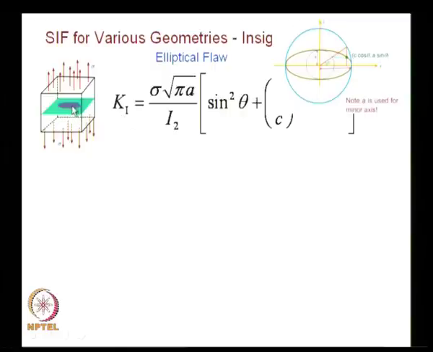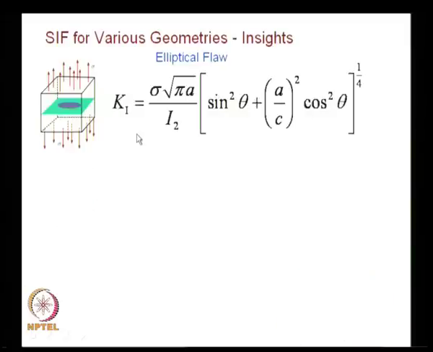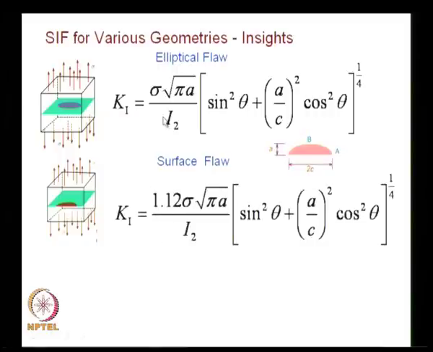From an embedded elliptical flaw we moved on to a surface crack, and here we had extrapolated whatever the understanding of the elliptical flaw and also for an edge crack, and the simplest solution was simply change this solution by 1.12 times sigma.